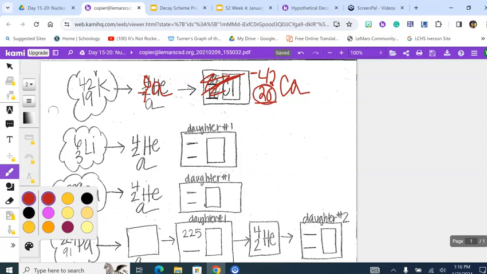In order for something to be stable, there needs to be a 1-to-1 ratio of protons to neutrons. So 42 minus 20 is 22, which means there are 20 protons and 22 neutrons. The ideal ratio is 1-to-1. Is 20 to 22 a 1-to-1 ratio? It's not, but it's pretty close. So this is actually stable.